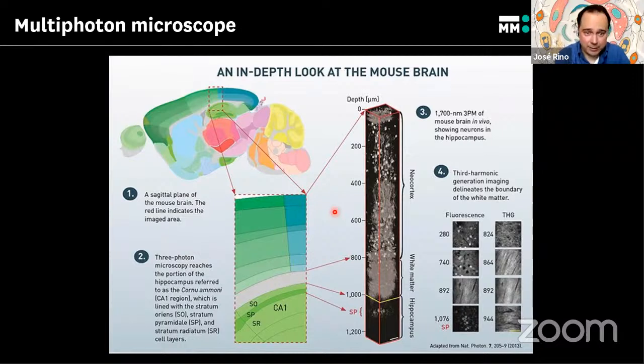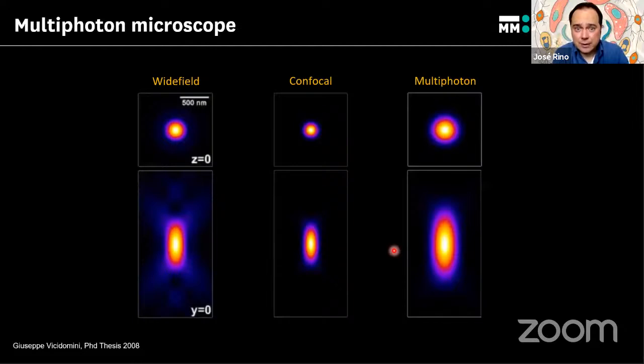This is typically the technique of choice for imaging brains, mouse brain in particular, because you can image the different layers of the brain and neurons in Z.